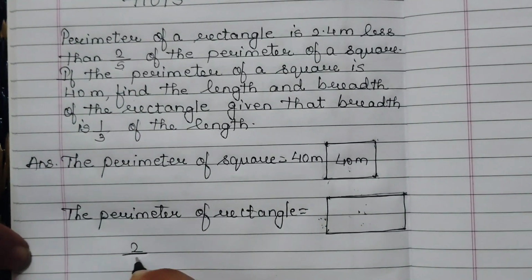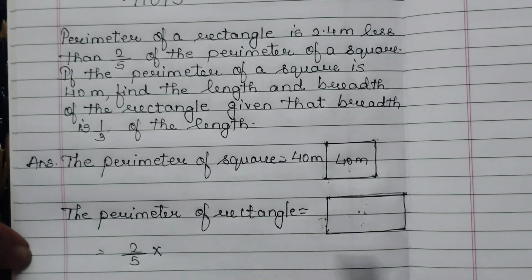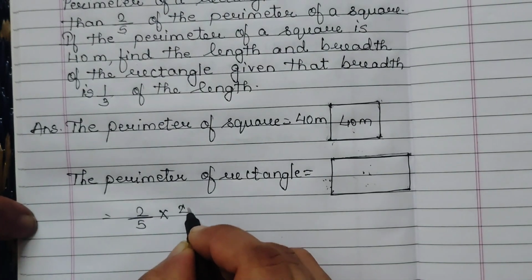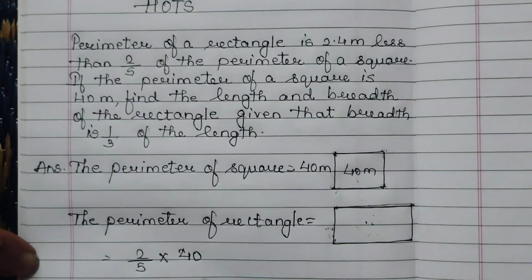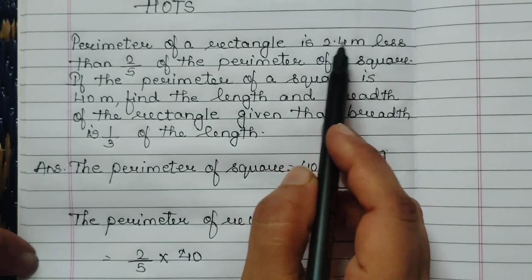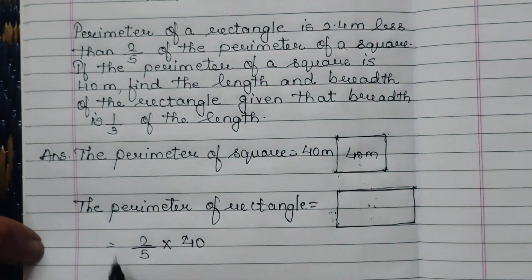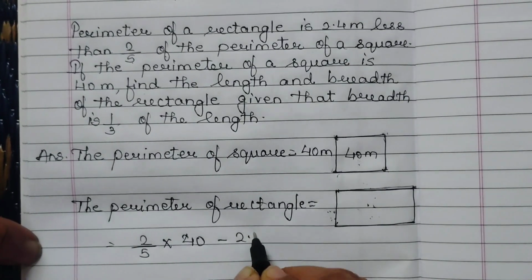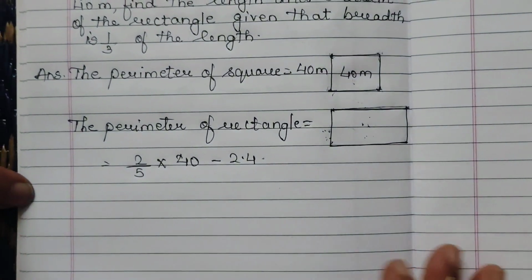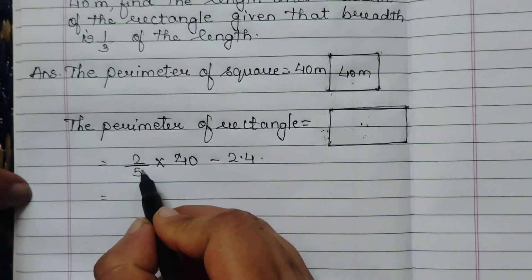So 2/5 into the perimeter of square, 40 meter. And then the perimeter of the rectangle is 2.4 meter less than this, so minus 2.4.